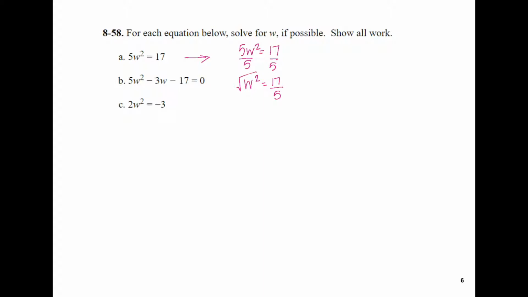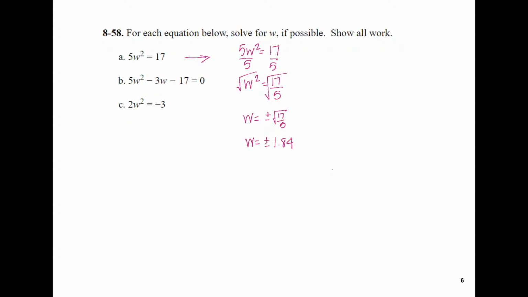The inverse of squaring something is square rooting it. So we get W is equal to plus or minus the square root of 17 over 5, which reduces to, if we type it into our calculator, positive or negative 1.84.